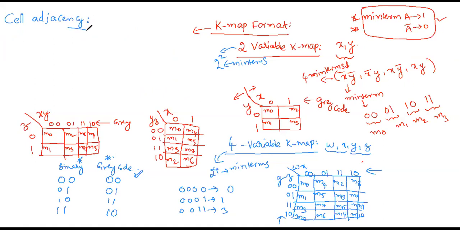Cell adjacency indicates, if any two cells having change of one bit only, those are known as adjacent cells.